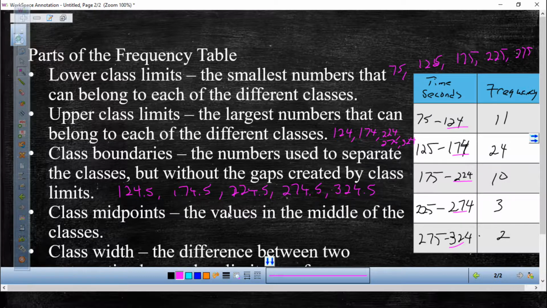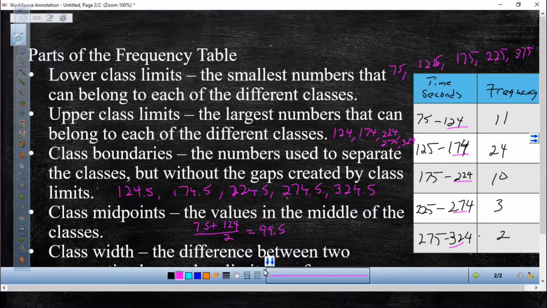All right, now class midpoints, the values in the middle of the classes. So basically you would take 75 plus 124, and divide it by 2, and that gives you 99.5.